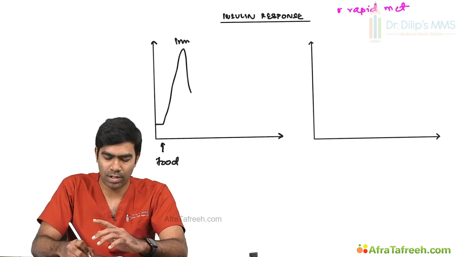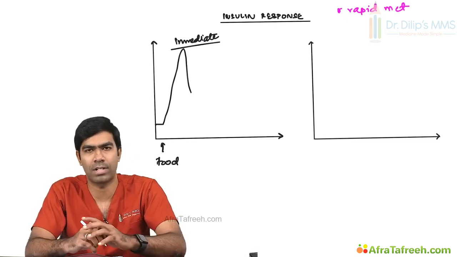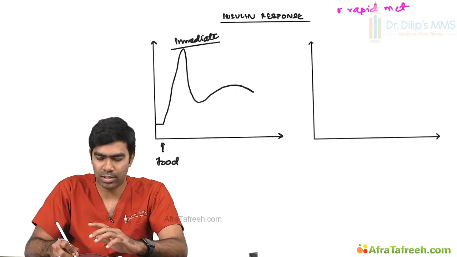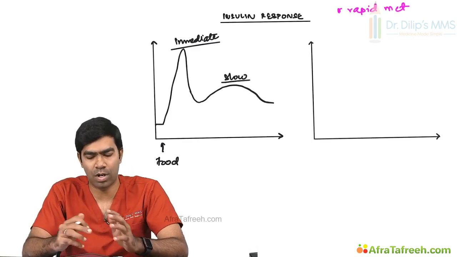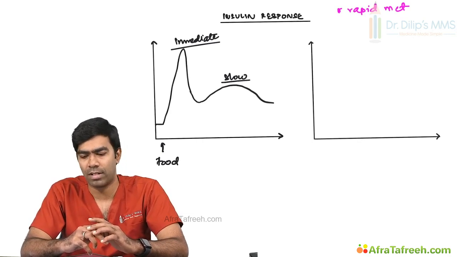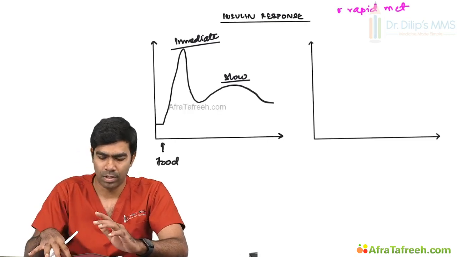This is what we refer to as phase 1 or the immediate phase of insulin release, or a fast phase of insulin release, which is basically due to release of the preformed vesicles that are already present in the beta cell. Then this is subsequently followed by insulin release that happens slowly over a period of minutes to hours. So this is slow release of insulin, phase 2 of insulin release, which is typically due to new production of insulin molecules within the beta cell.